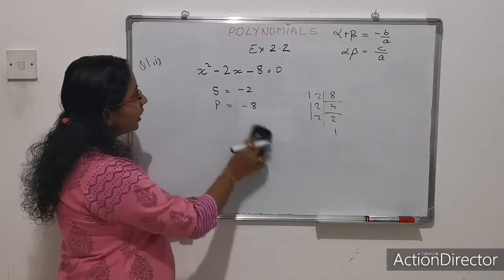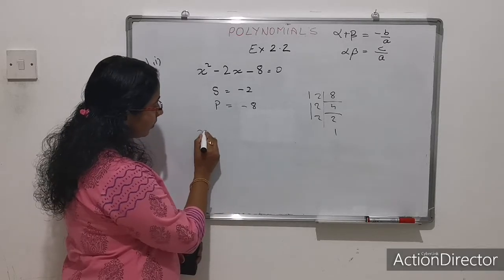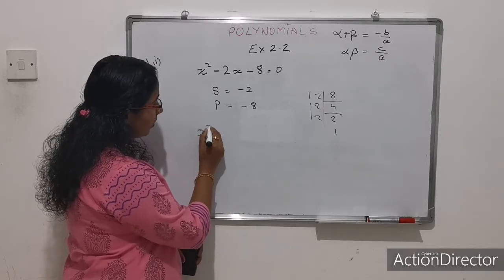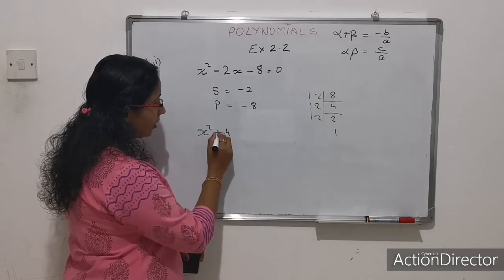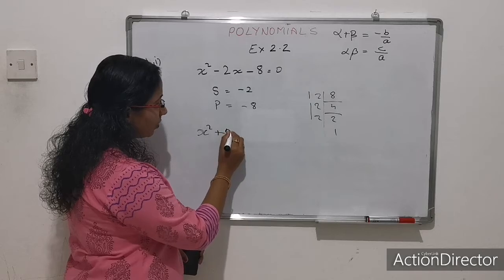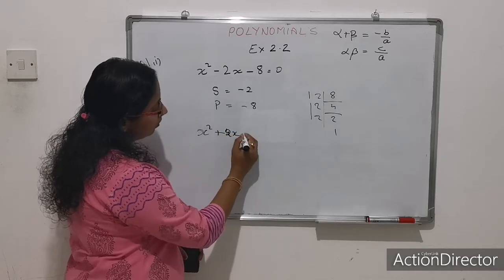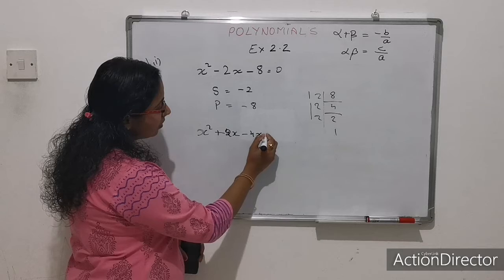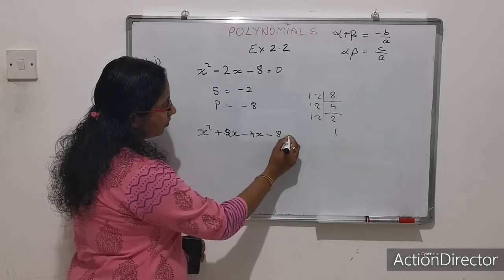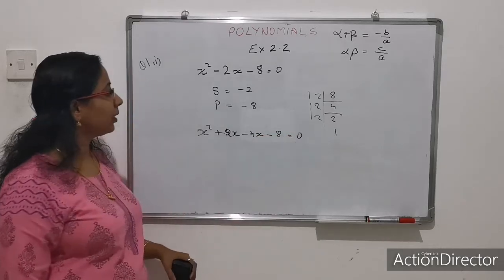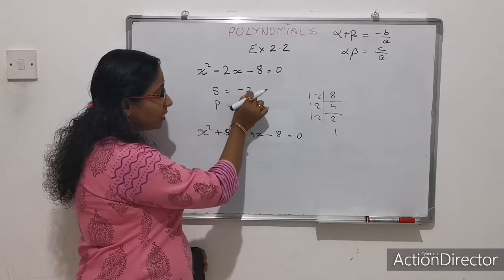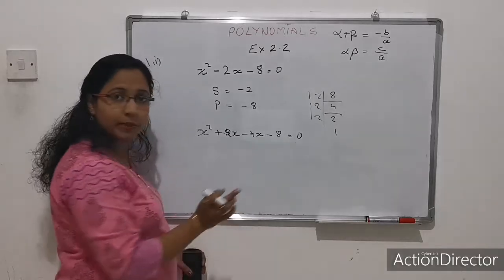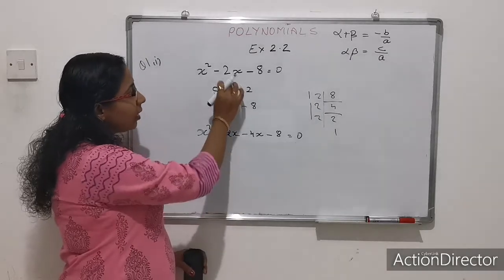Okay. So the equation becomes x square, I am writing plus 2x first, minus 4x minus 8. Okay. So in place of minus 2x, I wrote plus 2x and minus 4x, so you are getting the same equation.